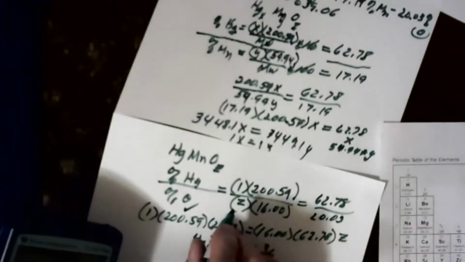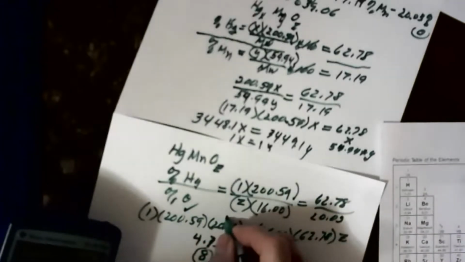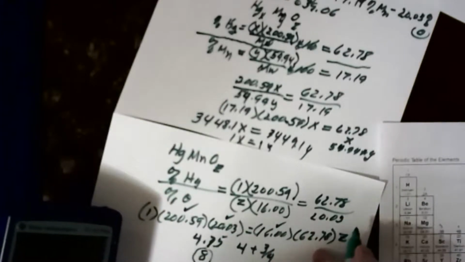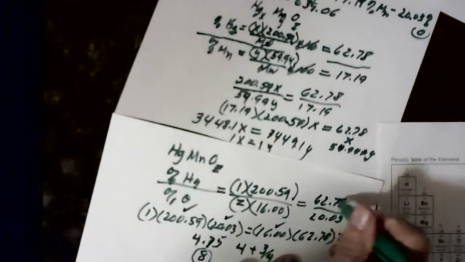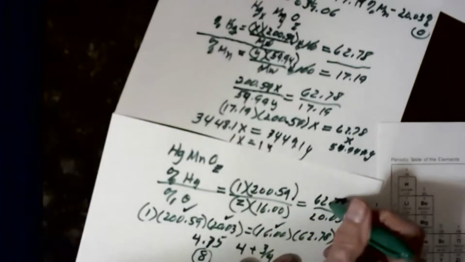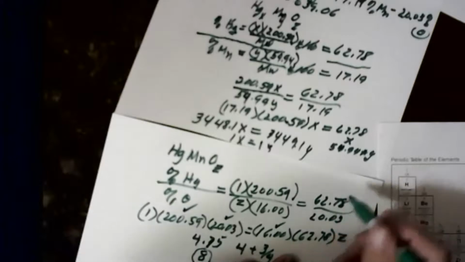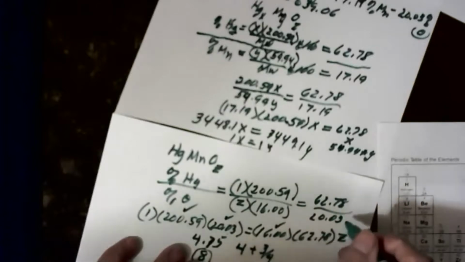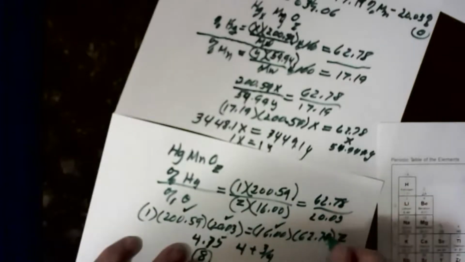The percentage of oxygen was 20.03, that is correct. The molecular weight of oxygen was 16, and maybe I did the cross multiplication wrong. Let's see, 16 times 60, no, that's right. Mercury is 62.78, oxygen is 20.03, that's correct. So this would be 200.59 times 1 times 20.03 is 62.78, that's correct, times Z times 16.